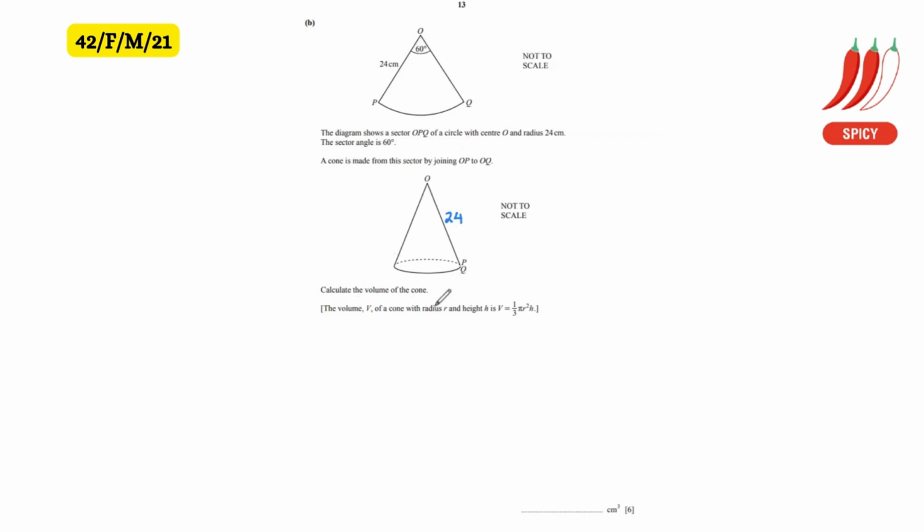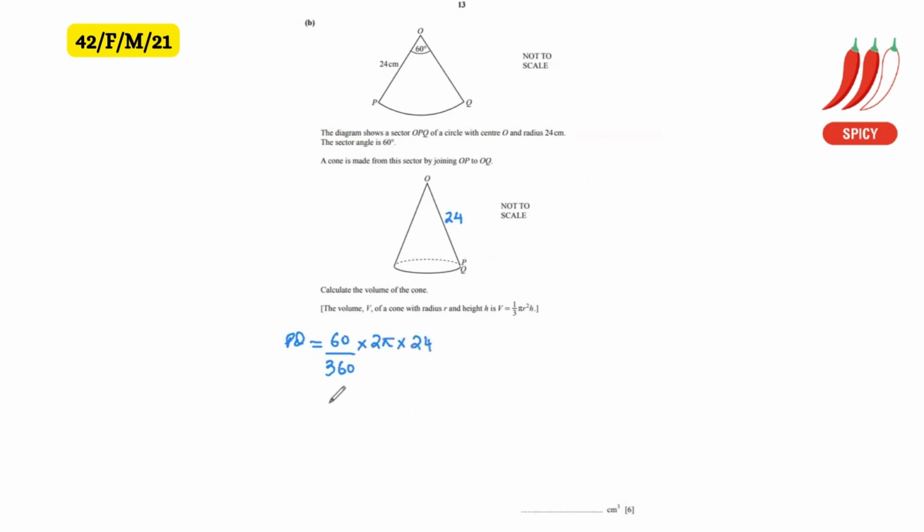To find the volume of the cone, we need the radius and we need the height. How do we figure that out? We know that this curved part, the arc length, is the same as the circumference of the circle. So we can easily find the arc length PQ, which is going to be 60, which is the angle, divided by 360 times 2 pi r.